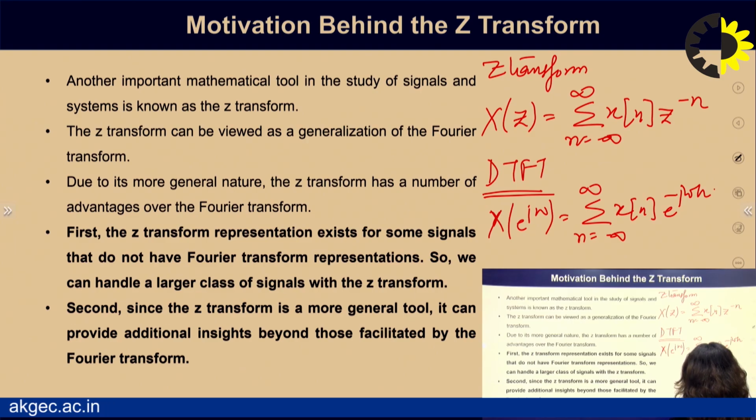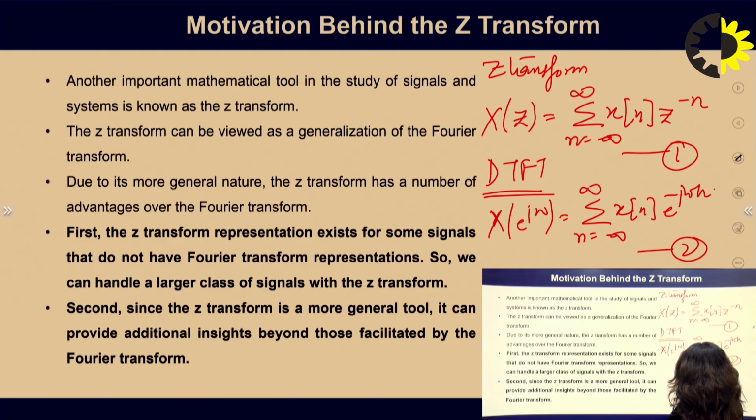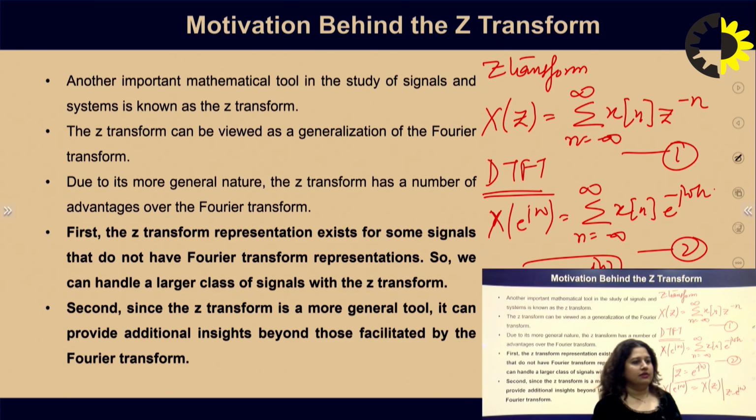If you compare both equation 1 and equation 2, you will find z is equivalent to e to the power j omega, giving X of e to the power j omega equal to X of z. So if you put z equal to e to the power j omega, the Z transform is converted into the Fourier transform. You can see it from the expression itself.